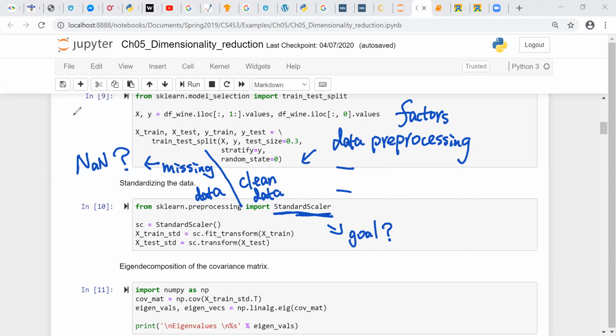And plus, sometimes you have string type data, and machine learning cannot directly deal with string type data because it uses NumPy arrays. So how do we get around this kind of problem? Does anyone remember that? Missing data or string type data?